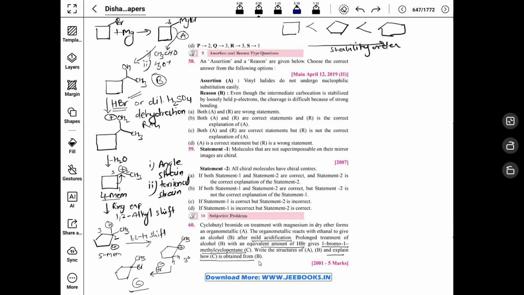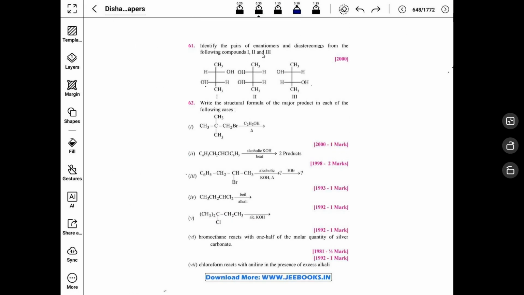Now the next question is: identify the pairs of enantiomers and diastereomers from the following compounds. So if you see, these are stereoisomers, and the best way is to draw the mirror and check. This OH is here, yes, hydrogen is here, yes, OH, no, this is OH here. So 1 and 2, we can easily find that 1 and 2 are diastereomers, because diastereomers are non-mirror images.